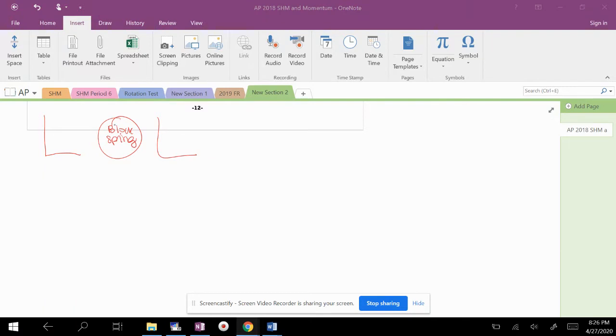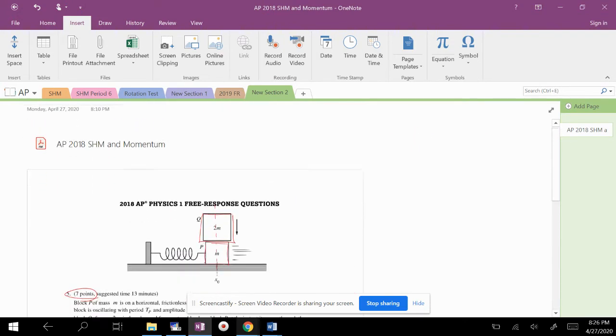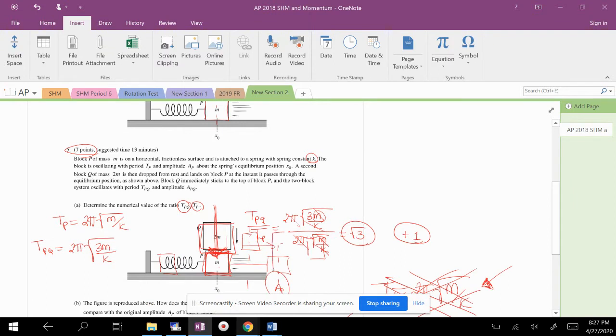The surface is not really concerning because there's no friction anyway. When the block is at equilibrium, I wrote a lot here, so I'm going to start erasing some of this.